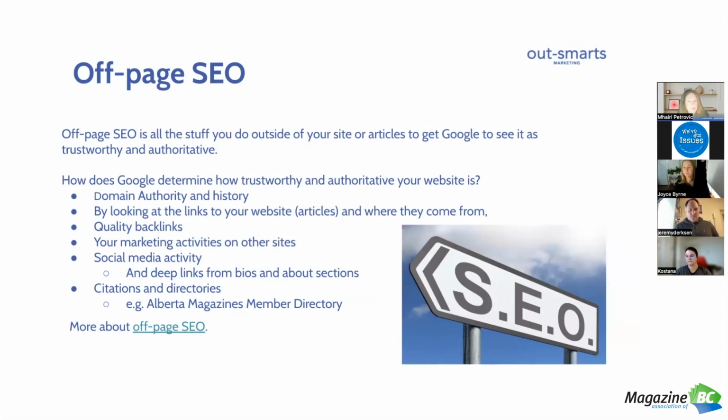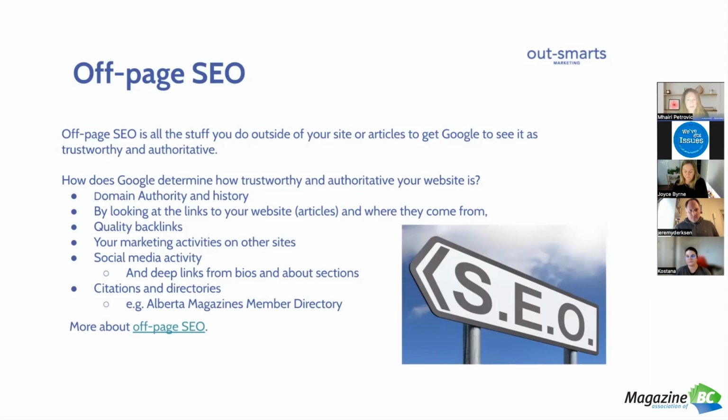For example, you're using your Facebook page, you maybe have LinkedIn, driving traffic from LinkedIn to your website. Google sees that you're getting lots of traffic, and then it recognizes that, oh, this article is really popular, we're going to show it to more people. So the traffic that you get to your site is an important off-page SEO factor.